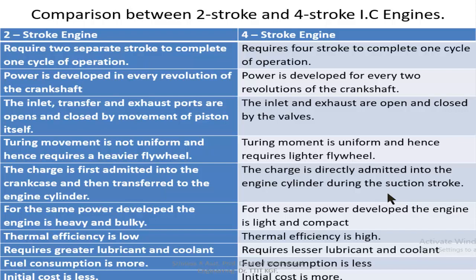After that we discussed the main principal parts of the IC engine, next the terminologies of the IC engine, then the working of the 4-stroke petrol engine, later the 4-stroke diesel engine, and next the 2-stroke petrol engine. Lastly we discussed the difference between the 4-stroke petrol engine and the 4-stroke diesel engine, and the difference between the 2-stroke engine and the 4-stroke engine. This covers the theory part of IC engines.